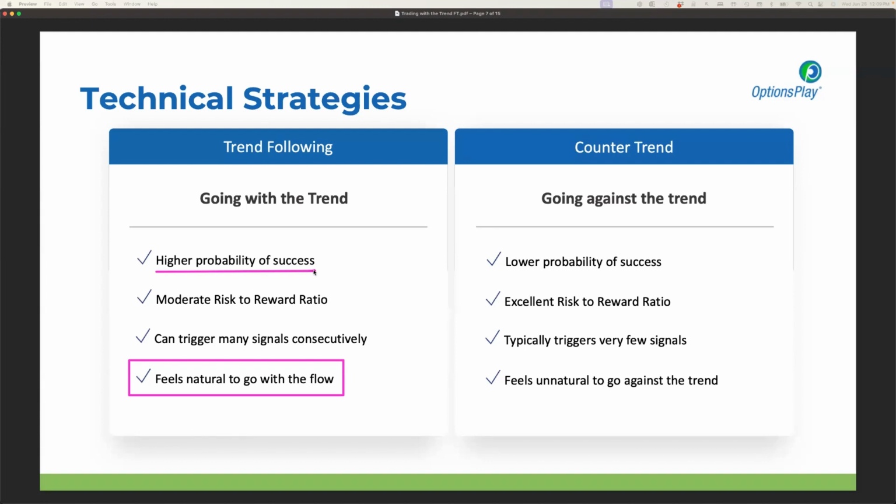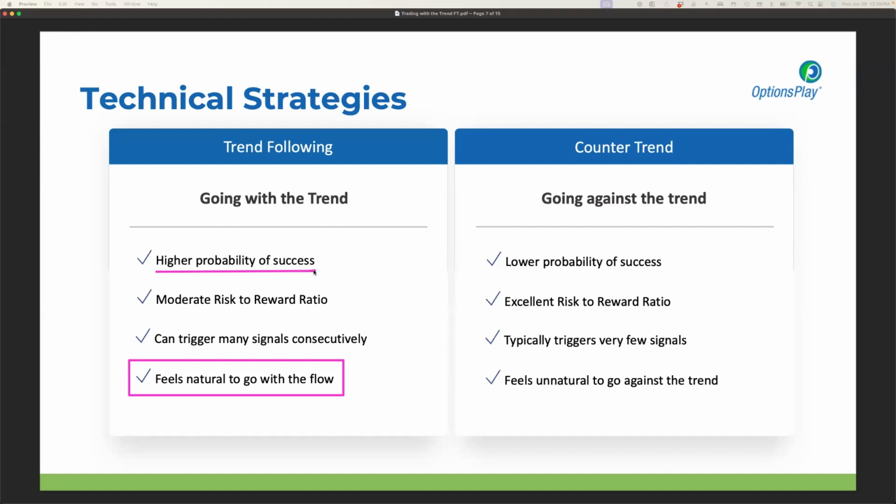The other benefit that I tend to generally find with trend following strategies is that you can many times get consecutive signals that fire off a few weeks apart, and over a few months you can find 3, 4, 5 consecutive buy signals. I'll show you some of the charts and the signals that have been generated where you get this kind of consecutive signal generation.